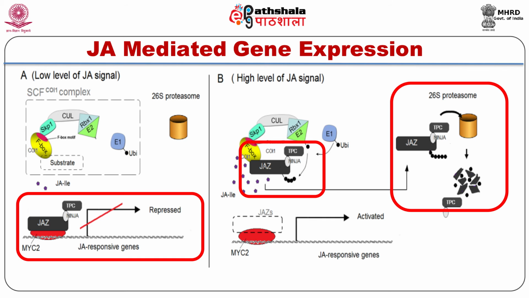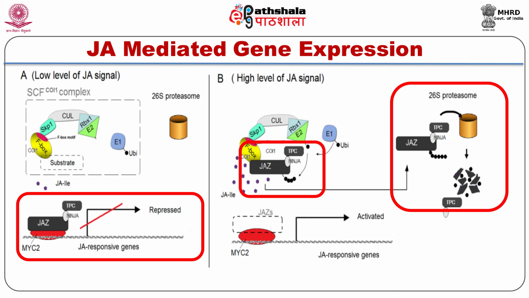From the previous slides, we know that the most bioactive form of jasmonate is JA-isoleucine. It is structurally and functionally similar to the phytotoxin coronatine. Coronatine insensitive 1 protein, COI1, belongs to a highly conserved family of F-box proteins that recruit the substrate to the SKP1-Cullin-F-box protein, SCF, E3 ubiquitin ligase complex.